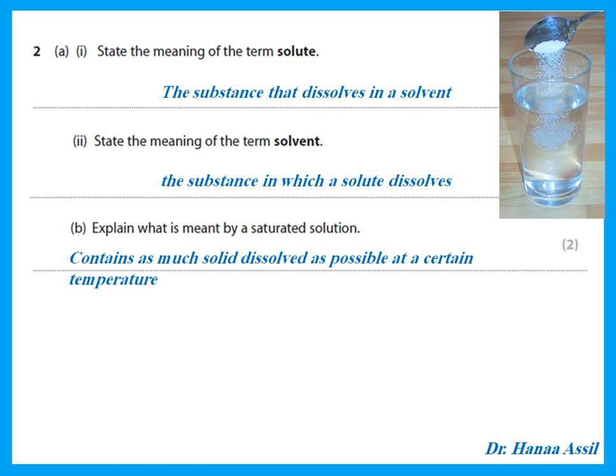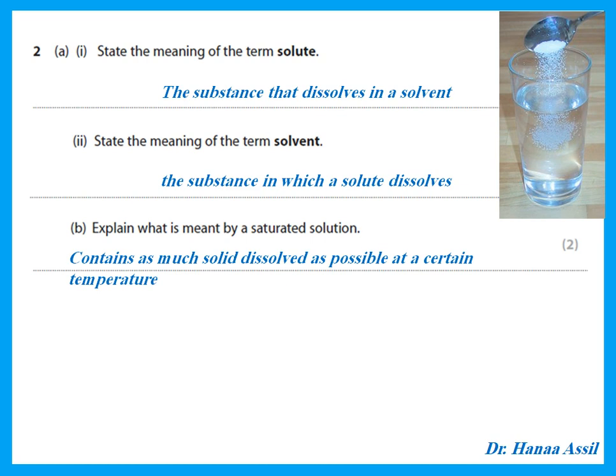But in organic chemistry, we said a saturated compound is one that does not have C double bond C. The one that has C double bond C, which was alkenes, we called unsaturated. The one that is not an alkene, no C double bond C, we say it is saturated. But here he's talking about a saturated solution, so it has to do with how much solid I can dissolve in water.